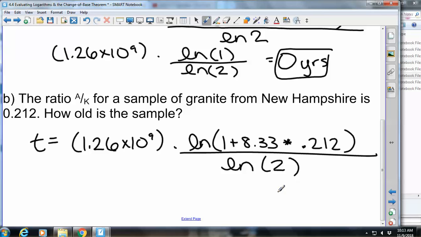And I'm going to replace A over K with 0.212. Did I plug this in right? Is that what you guys got?